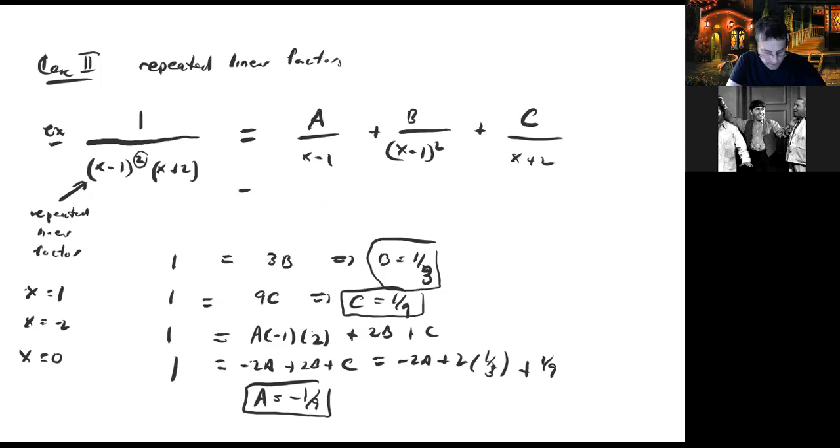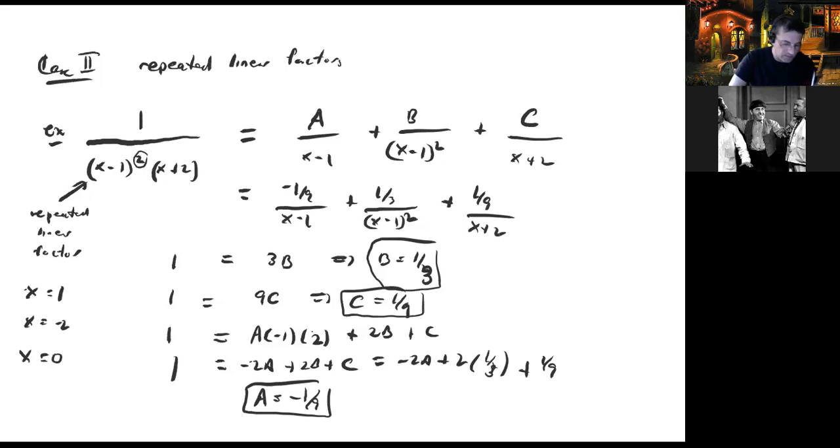Okay, so we can rewrite this as negative a ninth over x minus 1 plus a third over x minus 1 squared plus a ninth over x plus 2. And each of these terms can be integrated using a u substitution in the obvious way. So I won't do it. I just wanted to show you that it can be done.